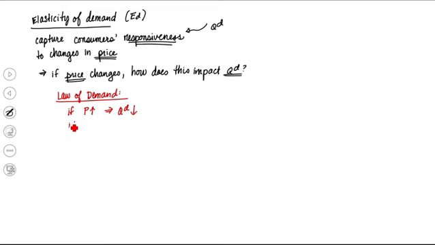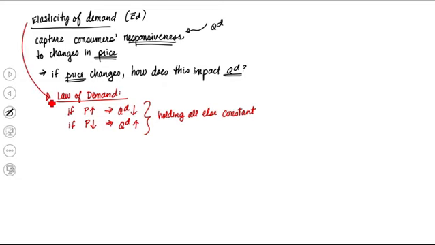And if price goes down, then quantity demanded goes up. And remember, the law of demand holds only when we're holding all else constant. So basically what we're doing is looking at this relationship. And we already understand a lot about this relationship. So clearly elasticity of demand is connected to the law of demand.